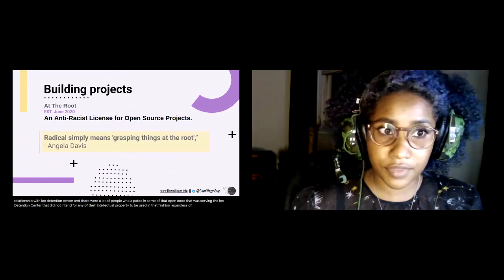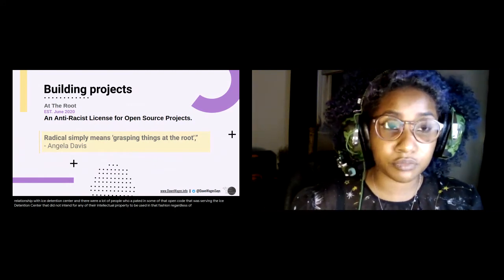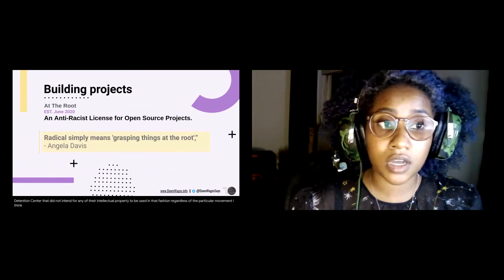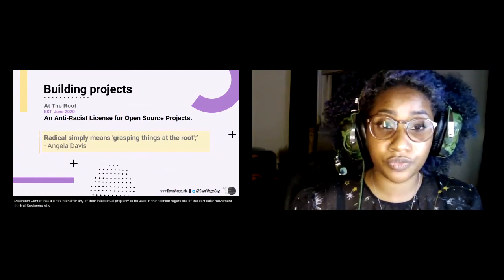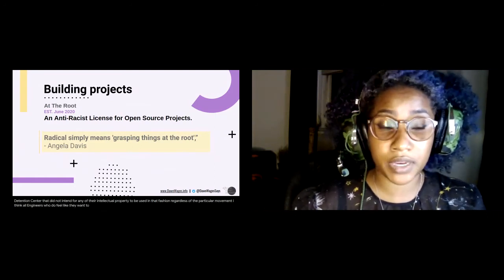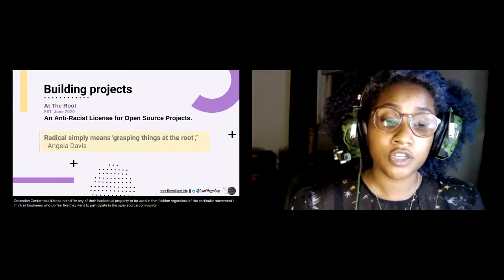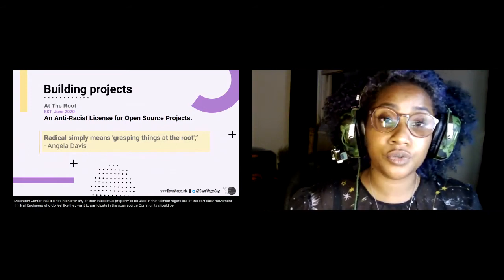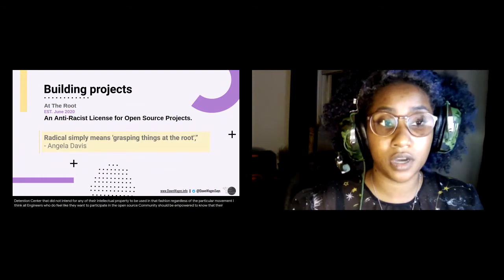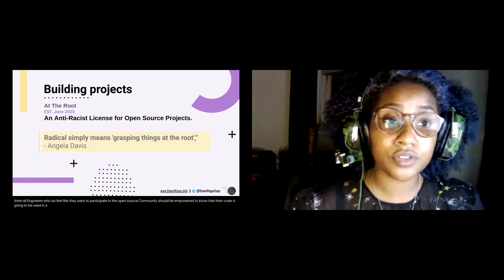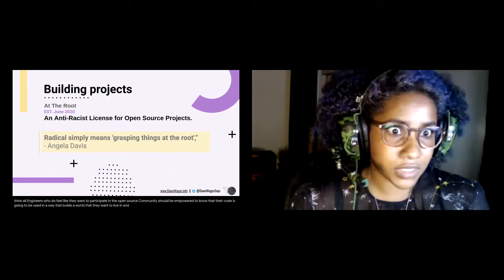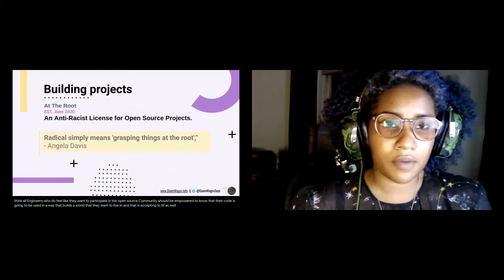Regardless of the particular movement, I think all engineers who want to participate in the open source community should be empowered to know that their code is going to be used in a way that builds a world that they want to live in, and that is accepting to them as well.